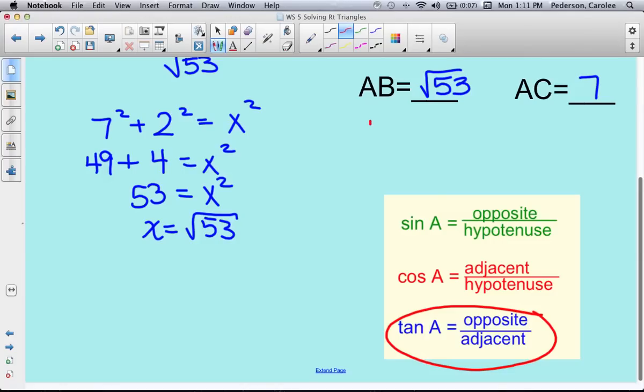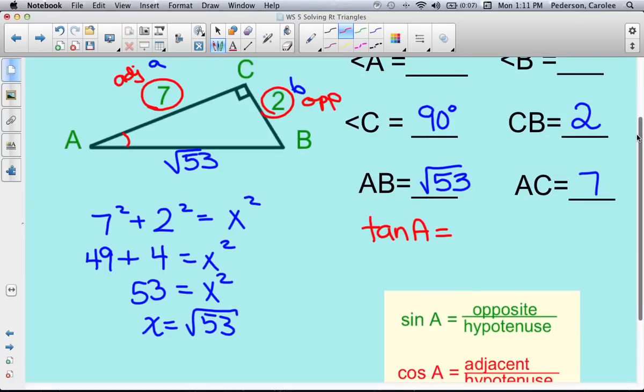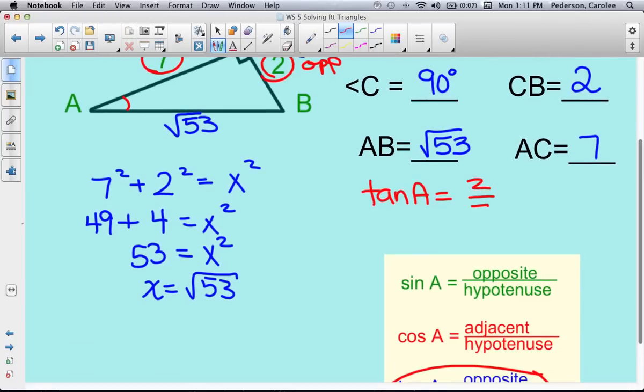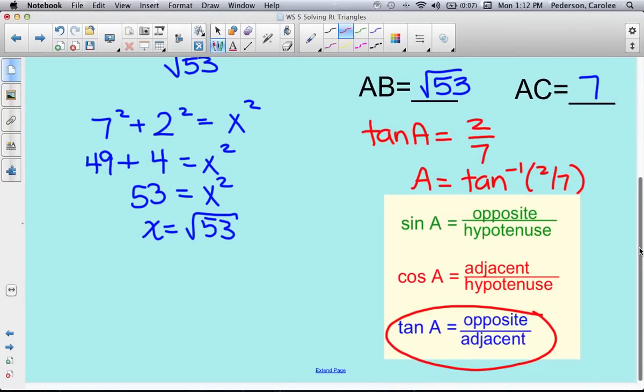So we say the tangent of A equals opposite, which is 2, and adjacent, which is 7. 2 over 7. Well, we're trying to find the angle measure, so we have to inverse it. A equals the tangent inverse of 2 7ths. Put that into your calculator.